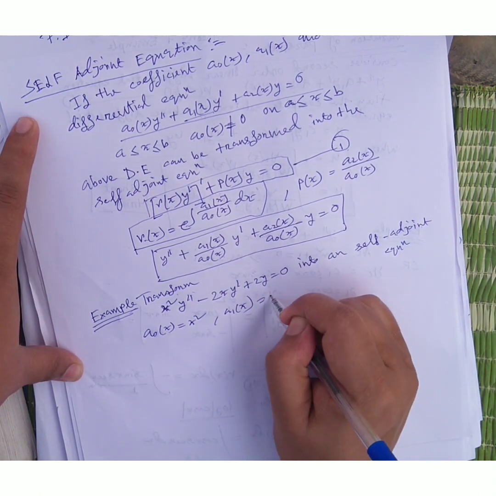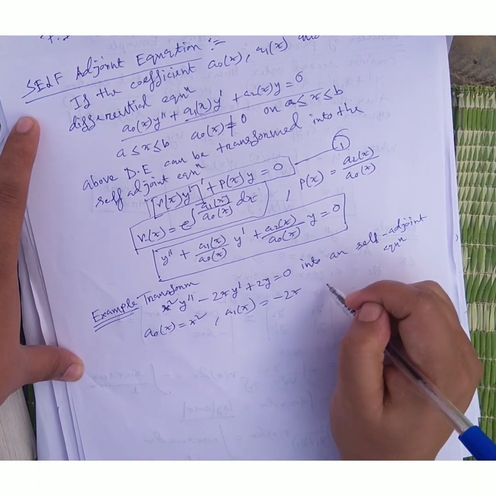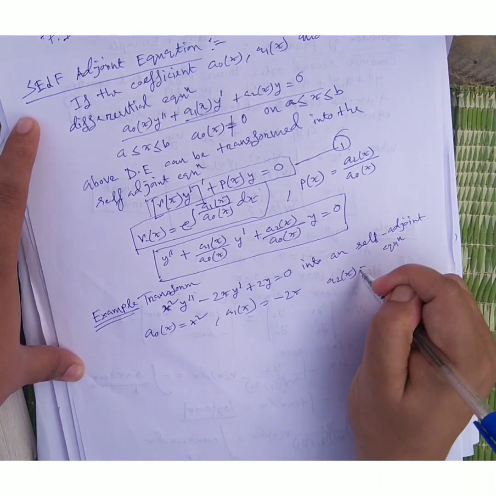a1(x) is equal to minus 2x and a2(x) is equal to 2.